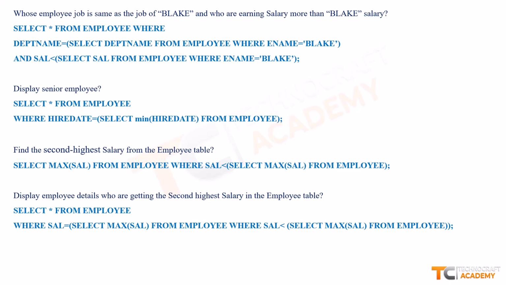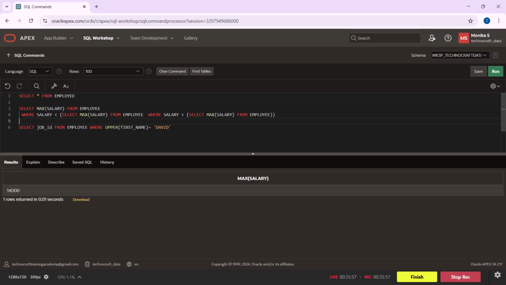Okay, so I'm just going to run this query. Okay, this was for the third highest. So if you want to know all the details of the employees, we'll use select star from the employee where salary equals the second highest salary, employee details we need.